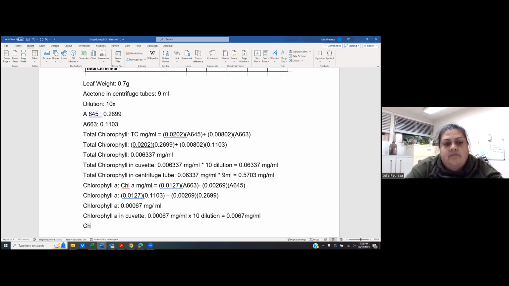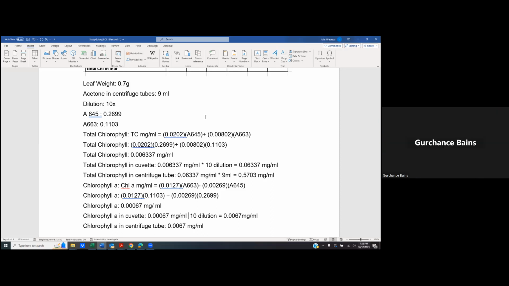Then it says, which means we're multiplying it by 9.